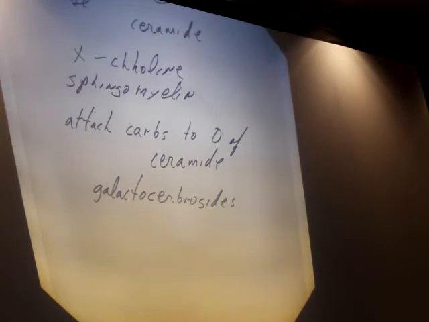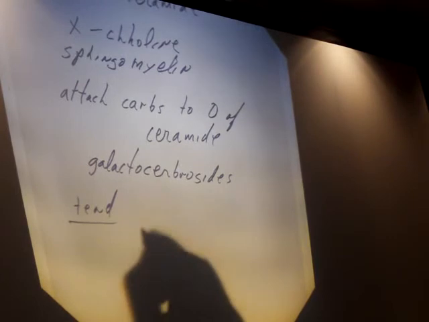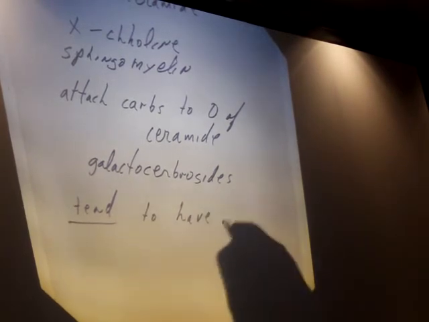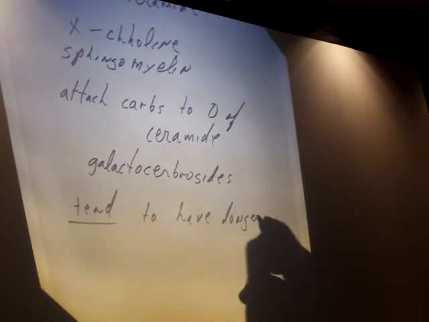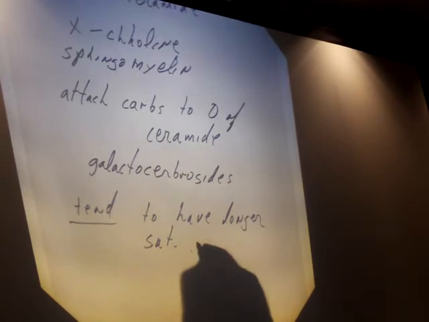But these sphingolipids are interesting. They have some properties that distinguish them from the glycerophospholipids in that they tend, emphasize tend, to have longer saturated acyl groups.